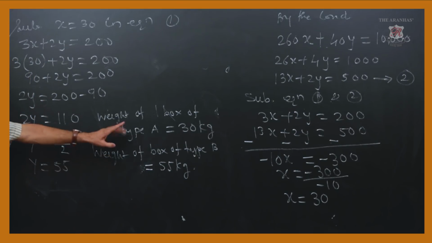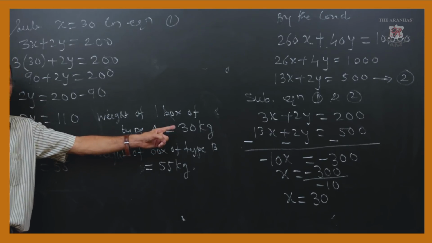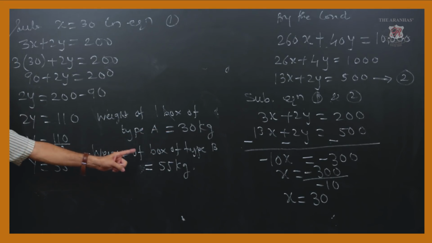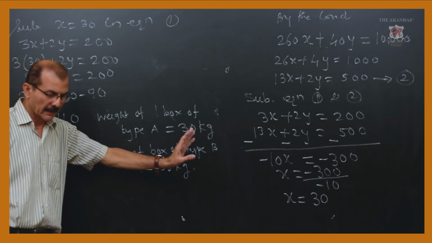So, this completes the sum. So, weight of box of type A is 30 and that of B is 55 kg. I hope this is clear to you.